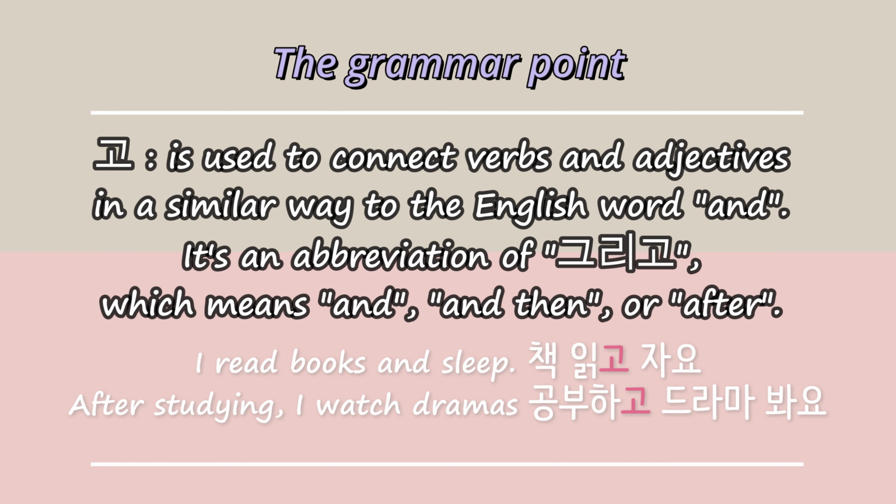It's an abbreviation of 그리고, which means and then, or after. For example, to say I read books and sleep, 책 읽고 자요. Simply put, you remove the 다 ending from the base verb and add 고. There's no need to conjugate the verb, which makes it easier.